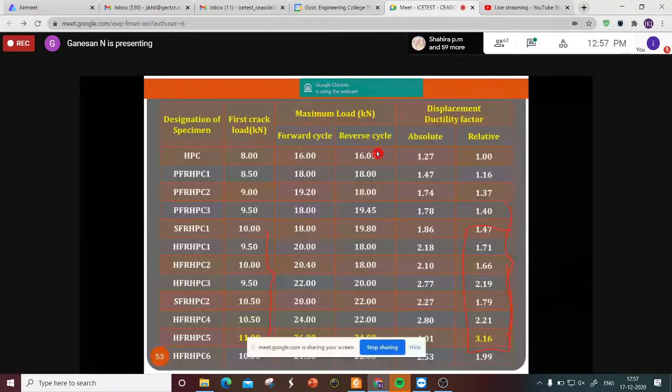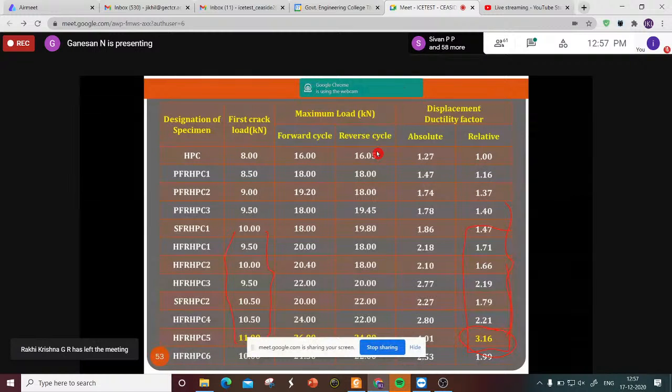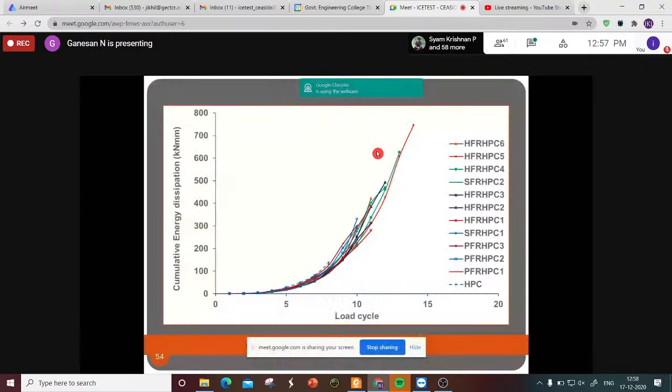Of course, for the ultimate load there may be a slight improvement, but for the first crack load there is a good improvement, from 8 to 10.5 or 11, in HFR HPC C5. And we are getting a higher ductility of 3.6. What I am telling is, when you add these hybrid fibers, they improve several engineering properties. The tensile strength will go up, the first crack load will go up, ductility will go up, all these things will improve. And this is the cumulative energy absorption capacity.